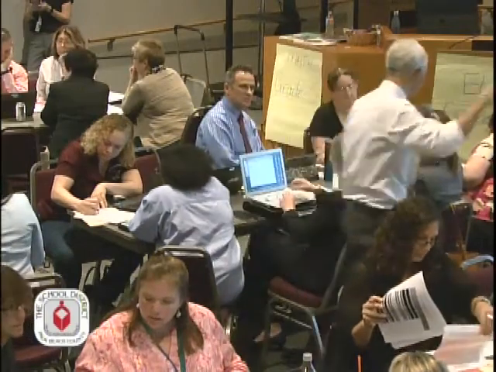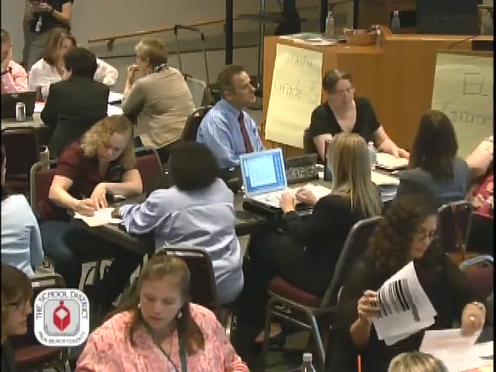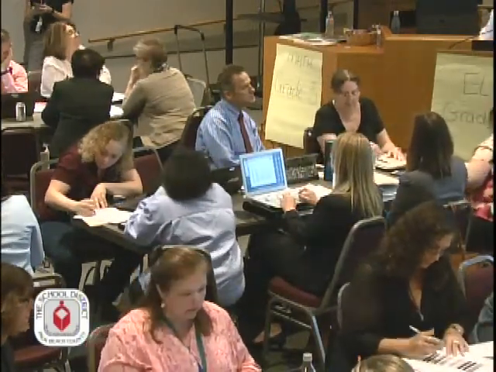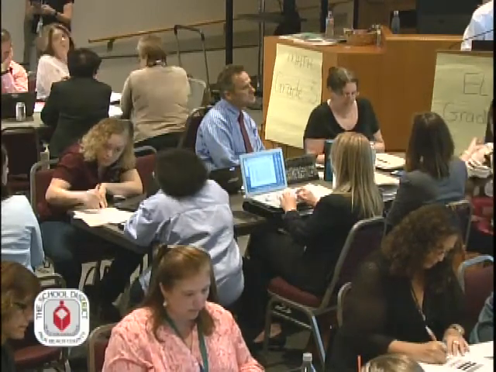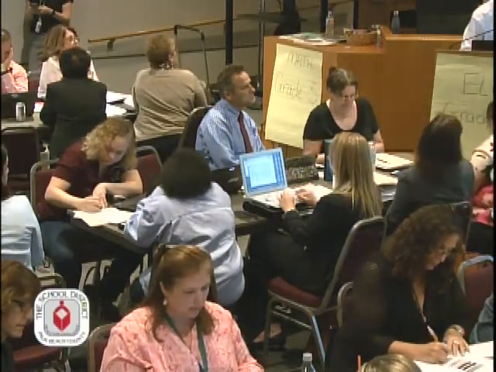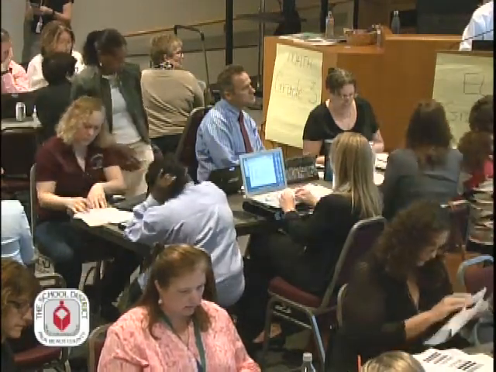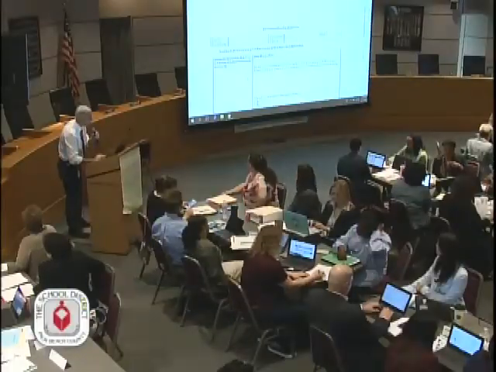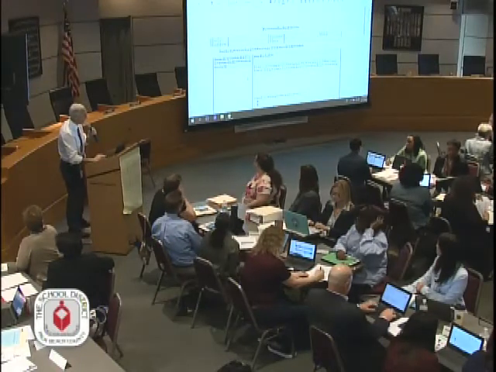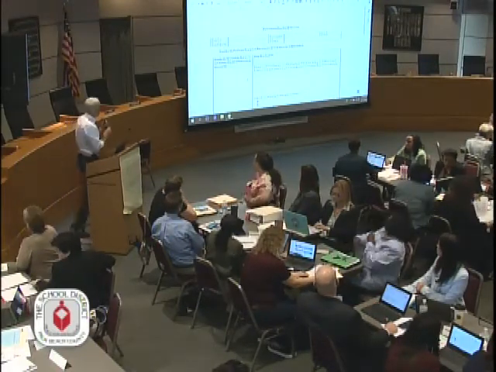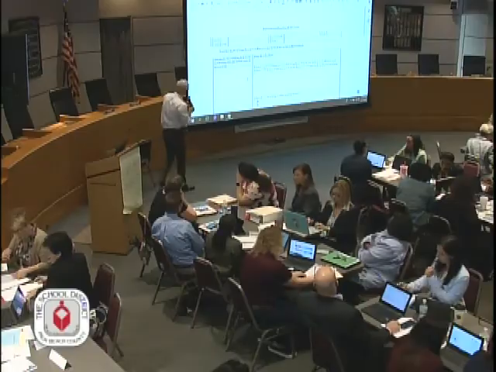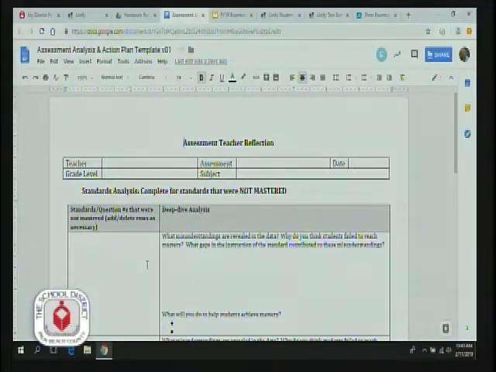I'm going to just put up on the screen really quickly a couple of things that were in the handout folder. Okay, so you've seen most of this. The document that I'm pulling up now is called Assessment, Analysis, and Action Plan Template. And this was modeled after the Principal Autonomy Pilot.